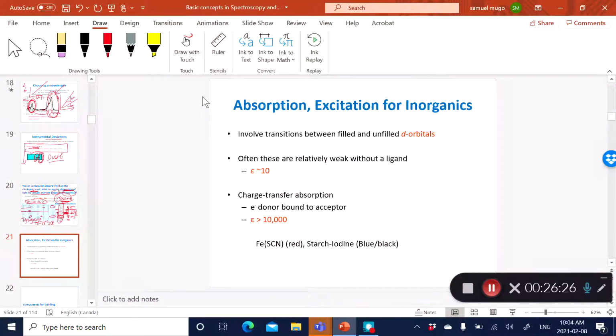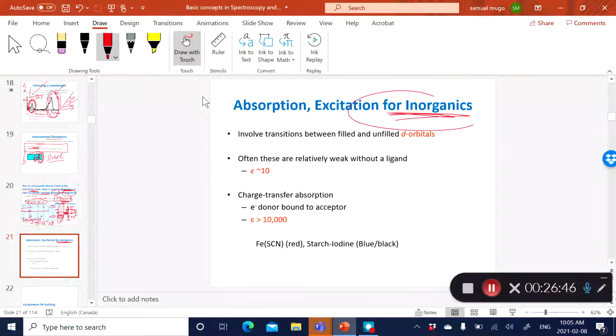Now, other than organics, which is what I've talked about in terms of electronic transitions, we also know some of the inorganics are colored, or support light being absorbed. So exactly what's happening at an electronic level?